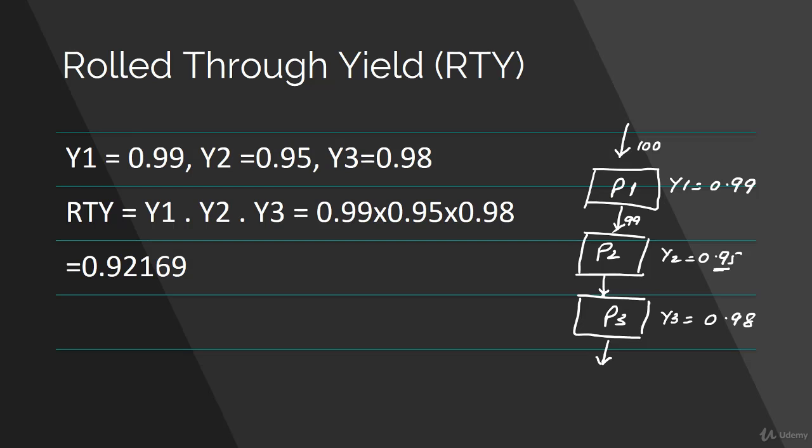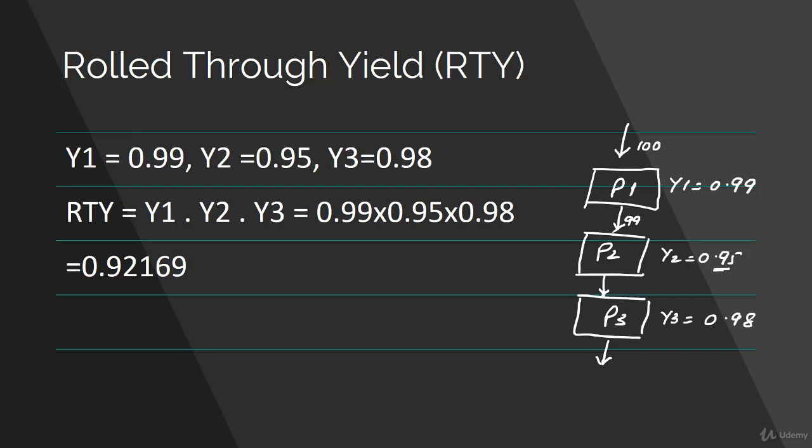In this case, if I multiply 0.99, 0.95 and 0.98, that gives me a rolled through yield of 0.92169, which is roughly 92%. So in this process, where a unit has to go through P1, P2, P3, if we put 100 units in, we are expecting around 92 units to be accepted and 8 units to get rejected.